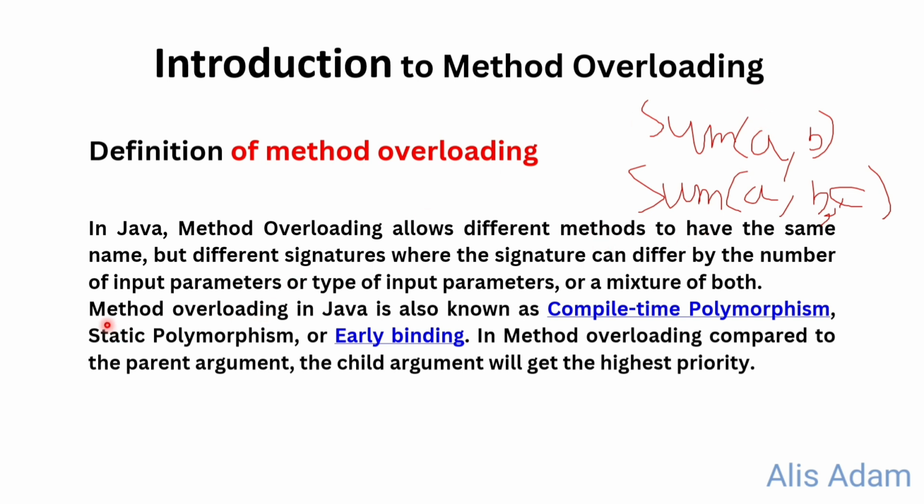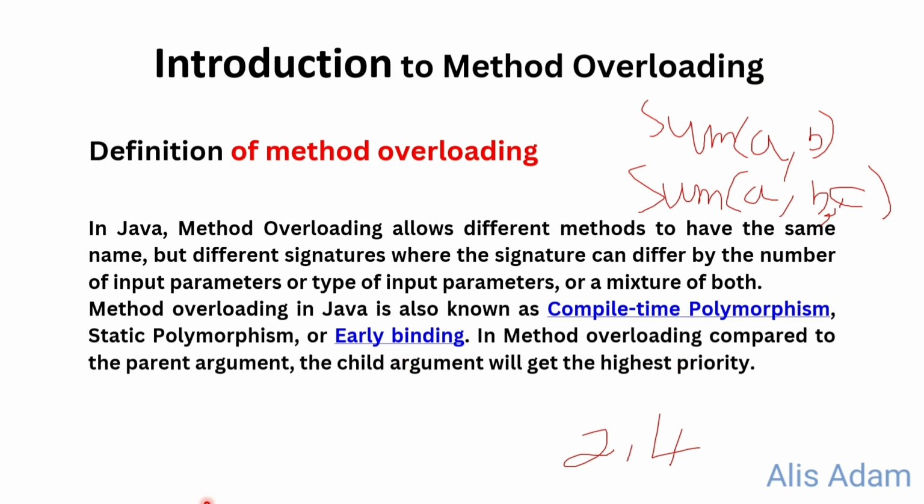Method overloading is also known as compile time polymorphism, which means that when compiling a method or class, it handles multiple versions. When we pass two arguments, like 2 and 4, to the sum function, it executes the first method that is defined.